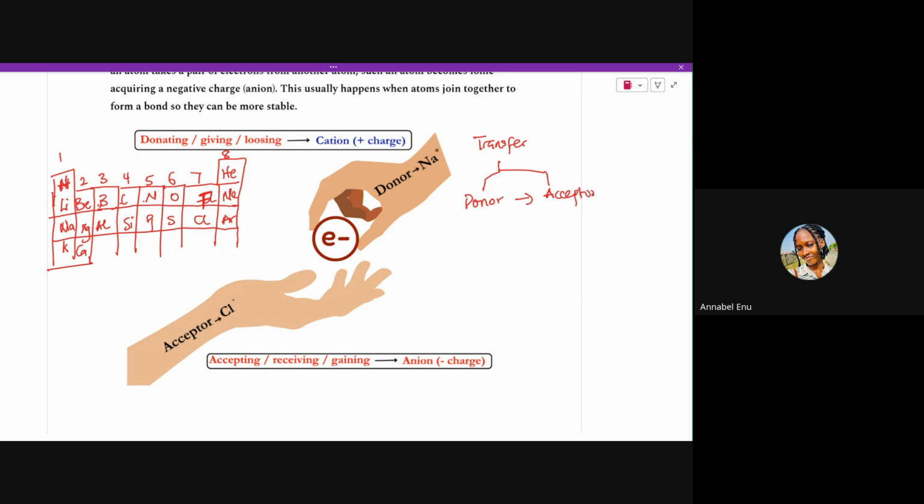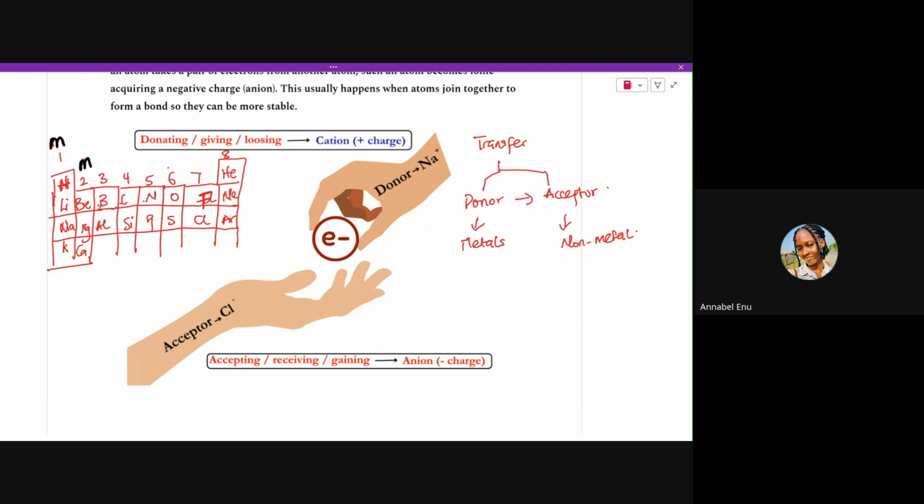And in chemistry, donors are usually metals. Metals are the donors, and acceptors are usually the non-metals. And how do you know the metals and non-metals? Group 1 are metals. Group 2 also metals. This is how you know the group that we are talking about. And then how do you know the acceptors?